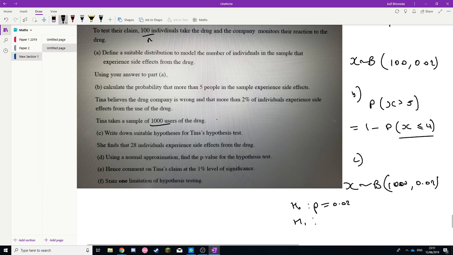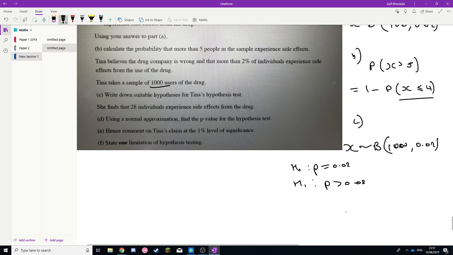H1: Tina believes the company is wrong and that more than 2% of users experience side effects, so p greater than 0.02. Test statistic 28. Using a normal approximation, find the p-value for the hypothesis test.